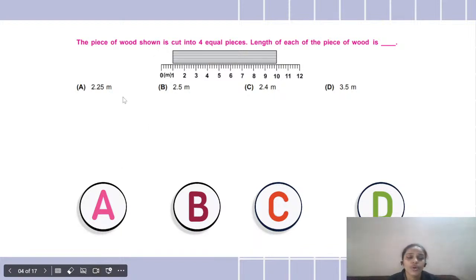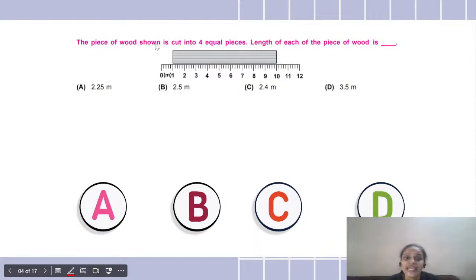Okay, let's see what has to be done over here. So we have this piece of wood over here, correct? Now we have to first find out the length of this whole piece.